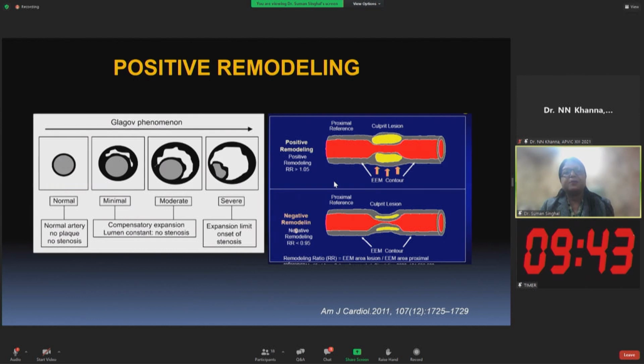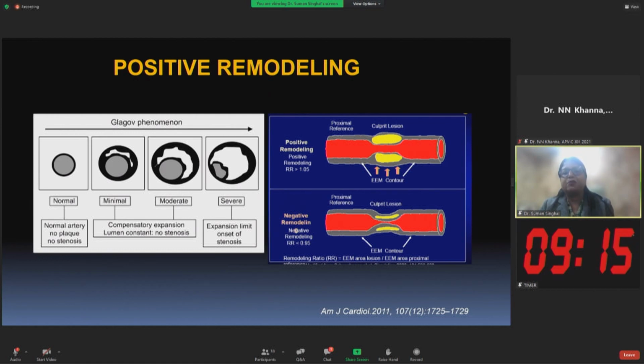Then the second thing is positive remodeling, which is based on the Glagov phenomenon, where whenever a plaque starts occurring and increasing in size, there is a compensatory expansion by the artery so that the lumen is not narrowed. That happens for some time, and later there is a limit to that, and then stenosis starts occurring. So positive remodeling is a phase where we can actually see the wall by CT.